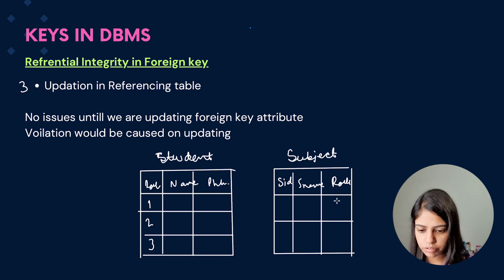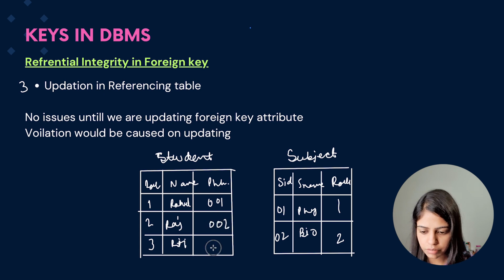So here 1, 2, 3, here also 1, 2, 0, 1, 0, 2, subject physics, bio, name Rahul, Raj, Riti, and phone number 001, 002, 003, any random values.